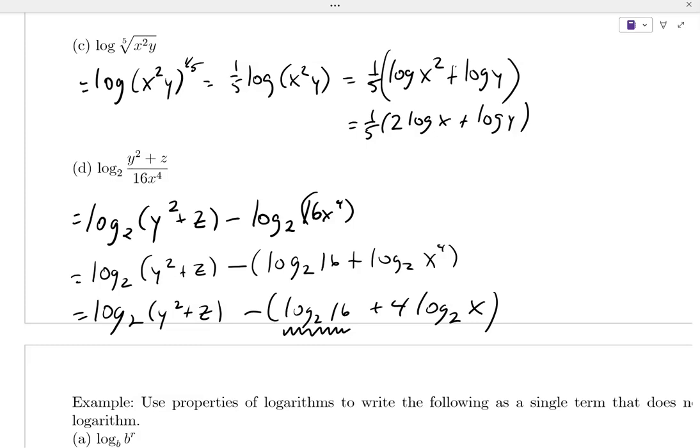Yeah. So remember what that's asking you. It's what power do you need on 2 to give you 16? So 2 to the what power is 16? 4, right? So this answer will be 4. You can simplify that to a 4. So you'd have log base 2 of y squared plus z minus 4. I'm just going to distribute the negative sign through, and then a minus 4 log base 2 of x.